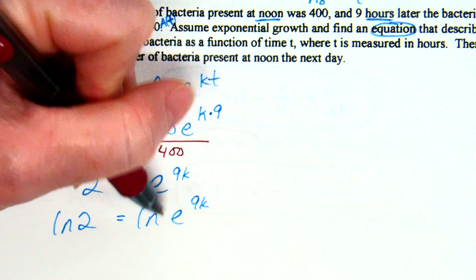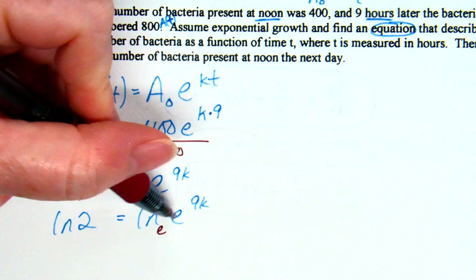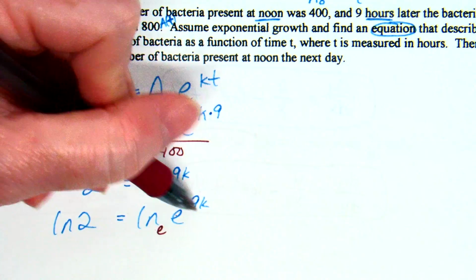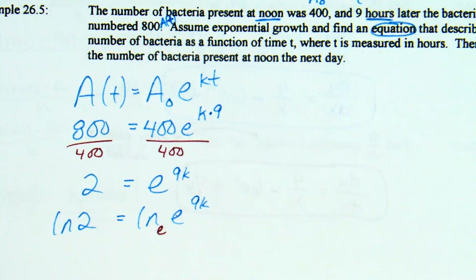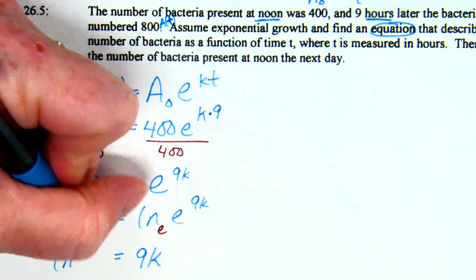Yeah, on this one, natural log is base E, and this is base E. So because these E's are the same, natural log of E to the 9K is just equal to 9K. On the left, we still have natural log of 2.